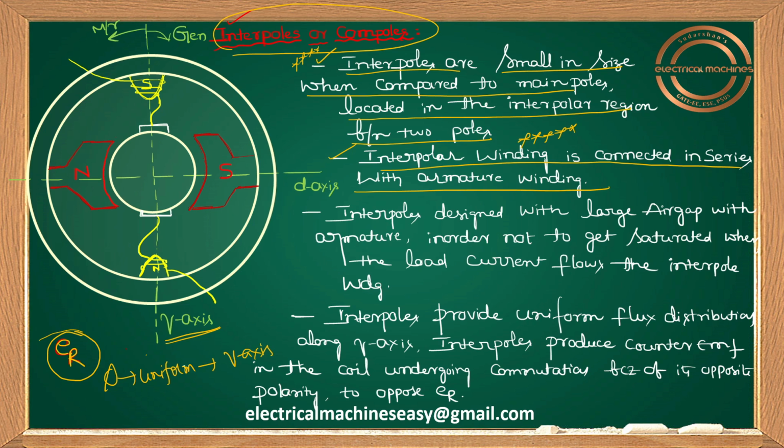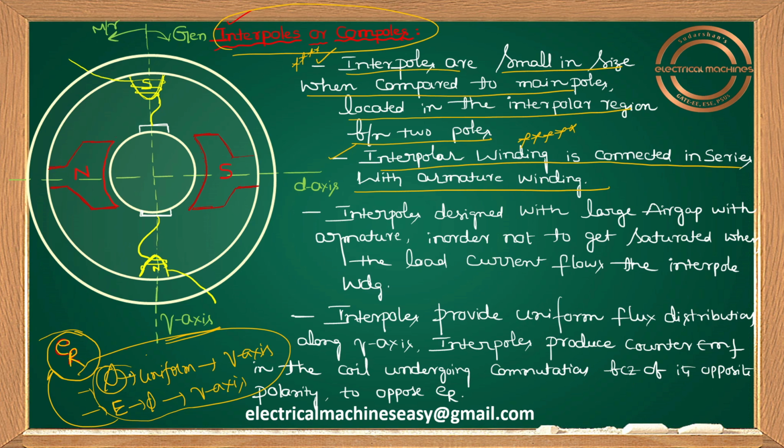For that I need some flux, and I also need to induce some EMF which will oppose the reactance voltage. For that I need some flux once again along the Q axis. So guys, try to understand: I need more flux. One is for providing uniform flux distribution along the Q axis, another for inducing EMF which will oppose the reactance voltage.